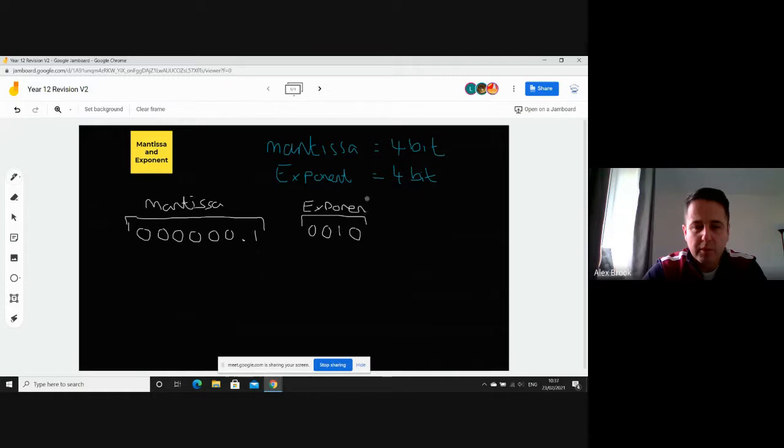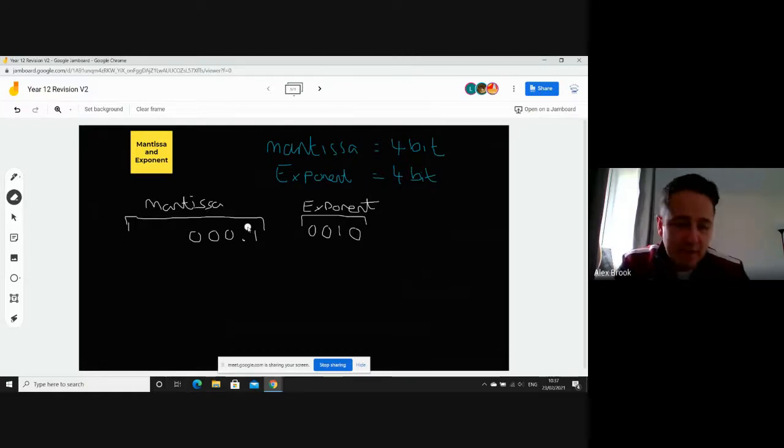Again, if they were doing a 4-bit Mantissa, I would knock off some of these, so you might have something like that. That would be 4-bit, so you'd be dealing with just the 4 bits for the Mantissa. Again, it depends on how it's set up. So you've got the exponent and the Mantissa, depending on the exam question and how it's going to be set up.